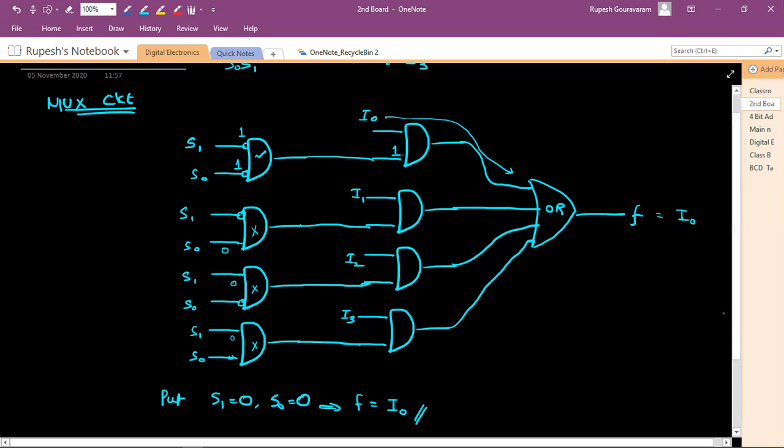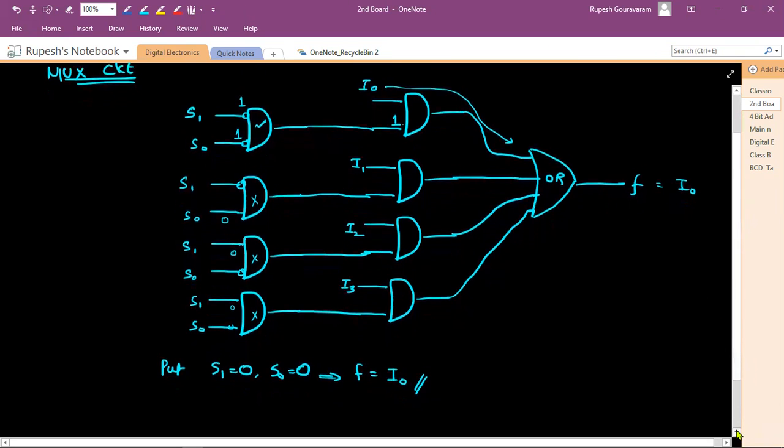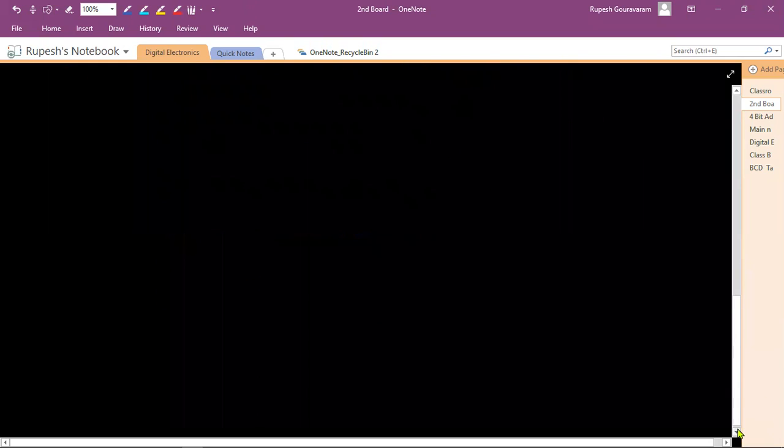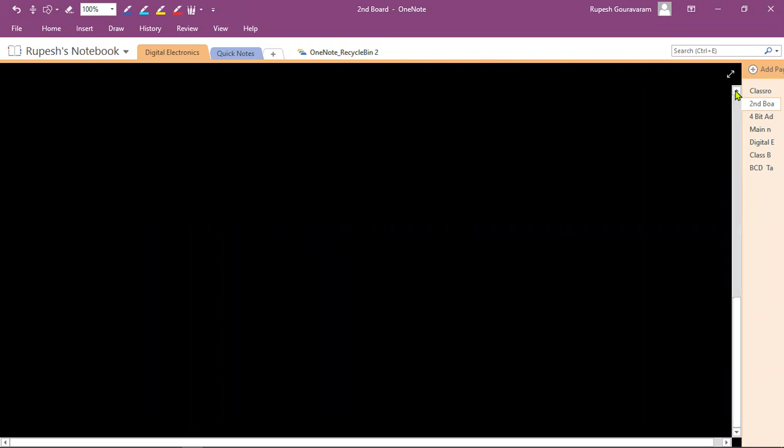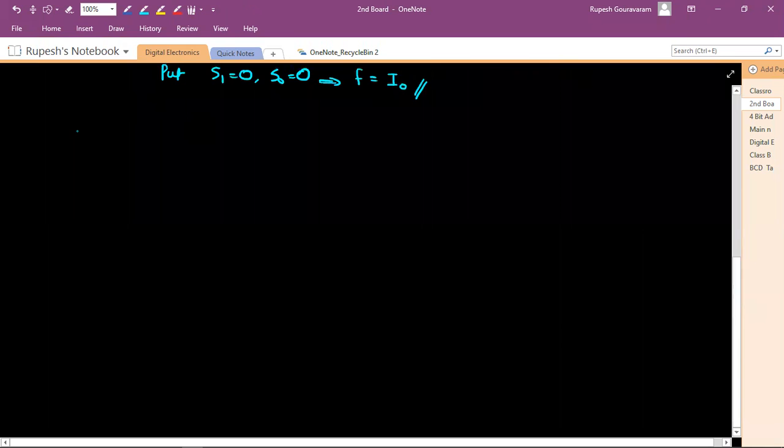Now let us see one more new concept. Minterm in two variables.